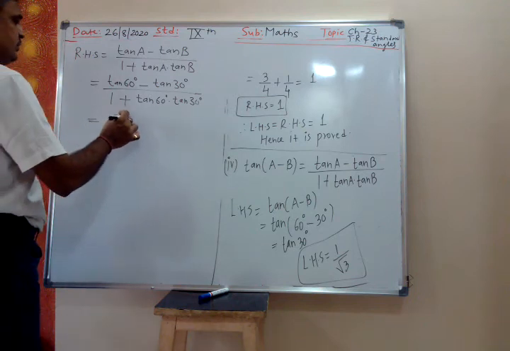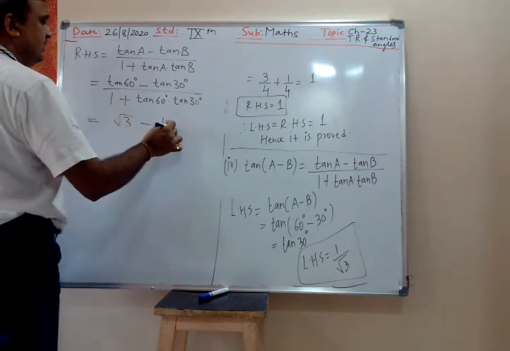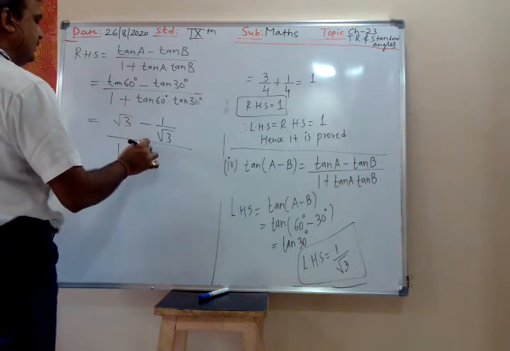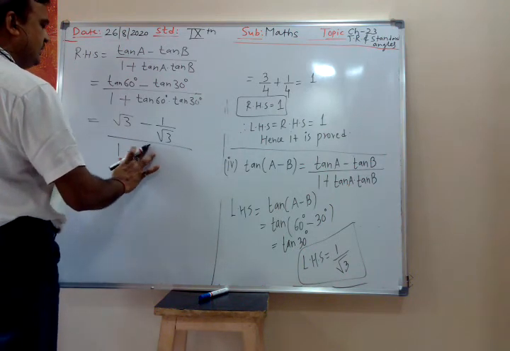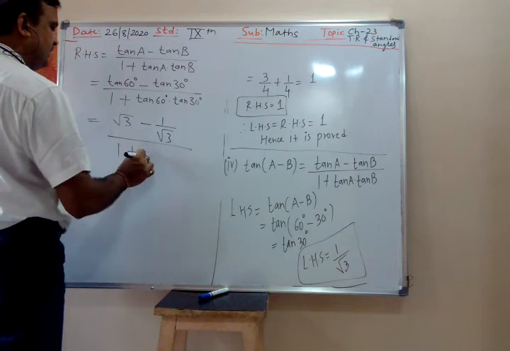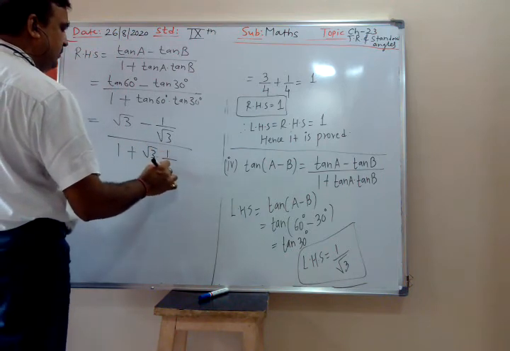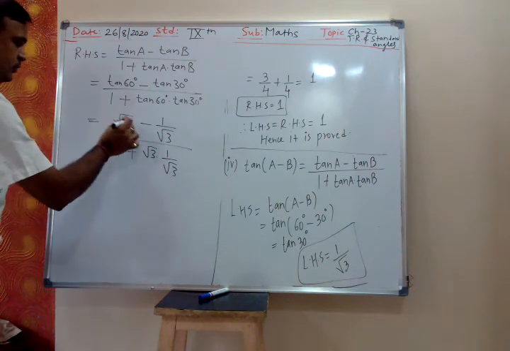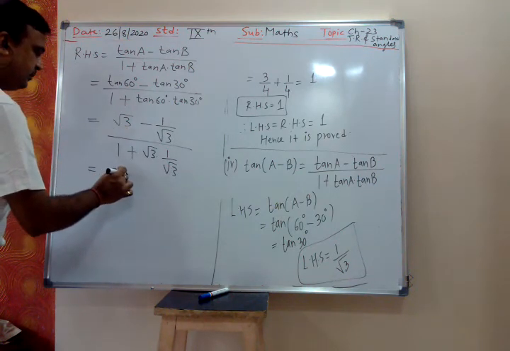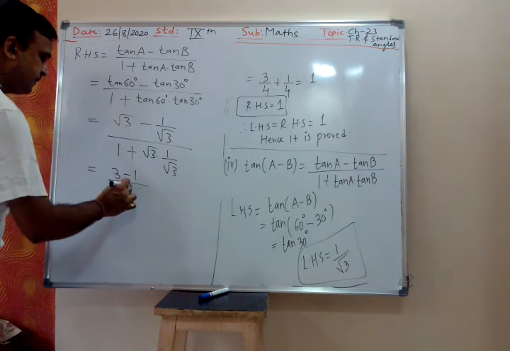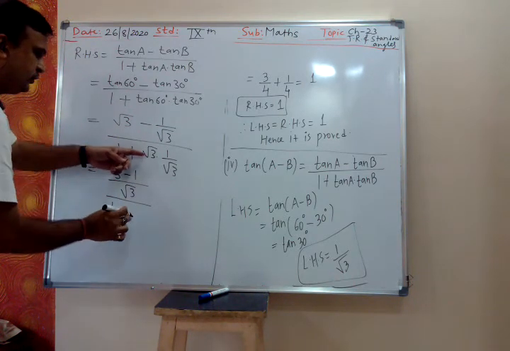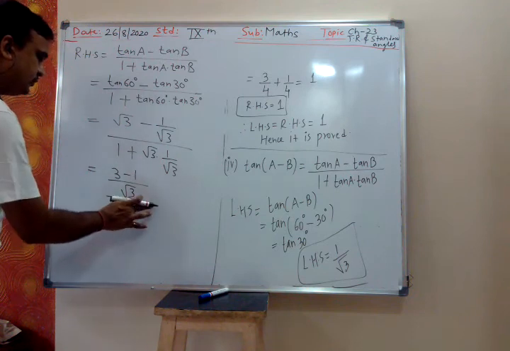Tan 60 degrees is root 3, tan 30 is 1 upon root 3, then 1 plus tan 60 into tan 30 is 1 plus root 3 into 1 upon root 3. So root 3 into root 3 is 3, minus 1, upon root 3. Then 1 plus 1, 2.